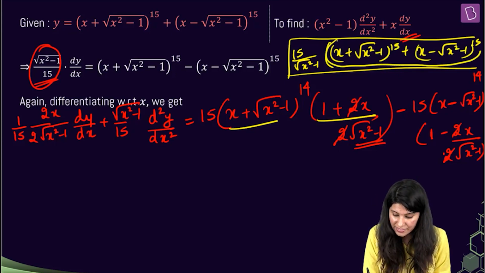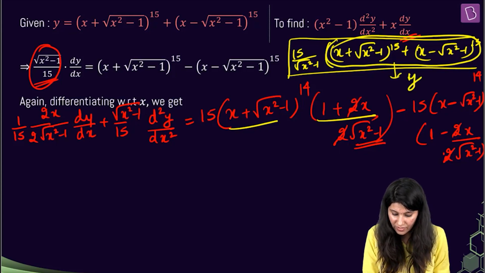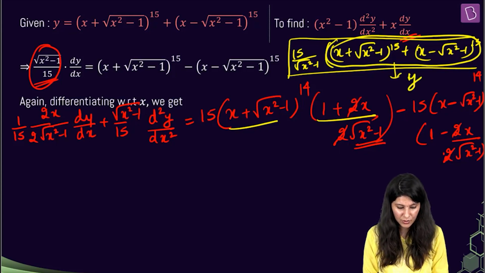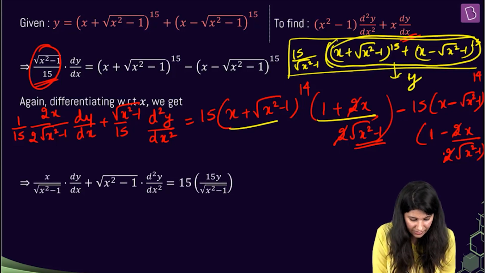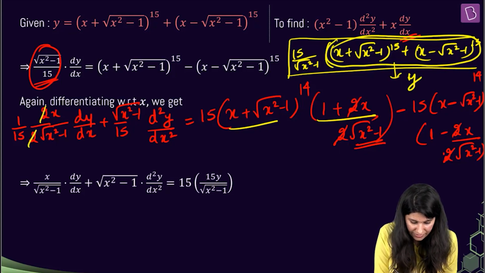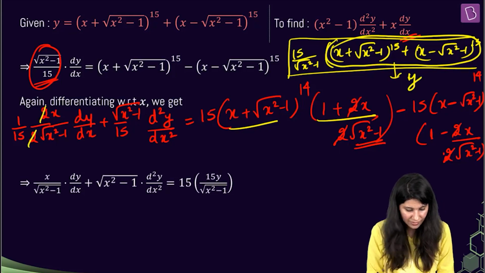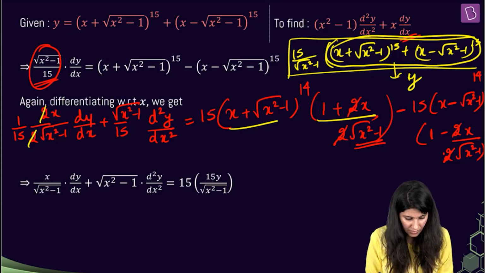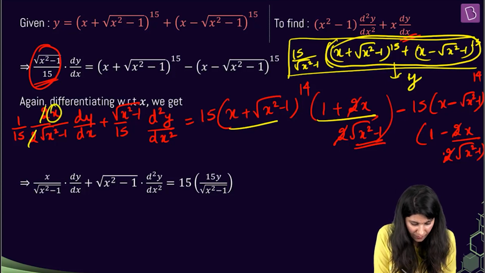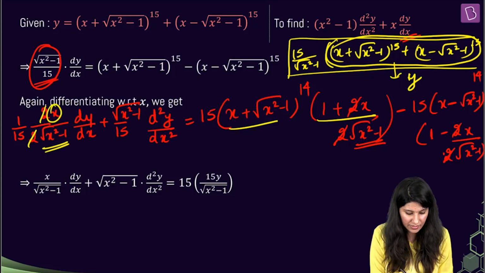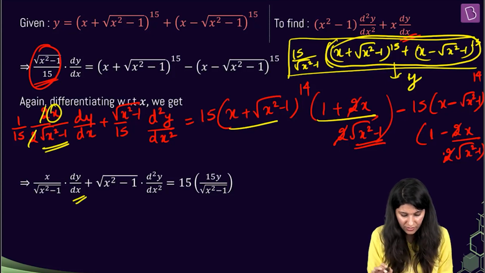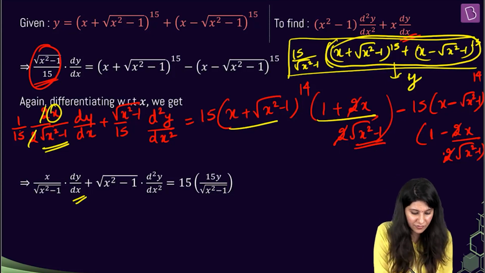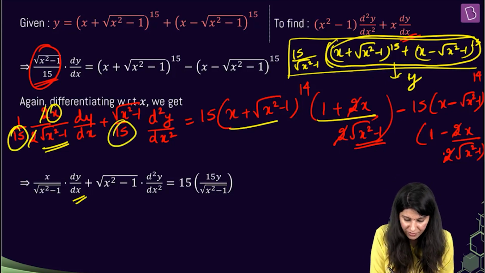So let's replace this thing by y. If you replace this thing by y, what do you get? LHS is this thing. 2 and 2 are cancelled out, and you are left with x by square root of x square minus 1 dy by dx plus square root x square minus 1 d2y by dx whole square. 15, I have taken this over here.